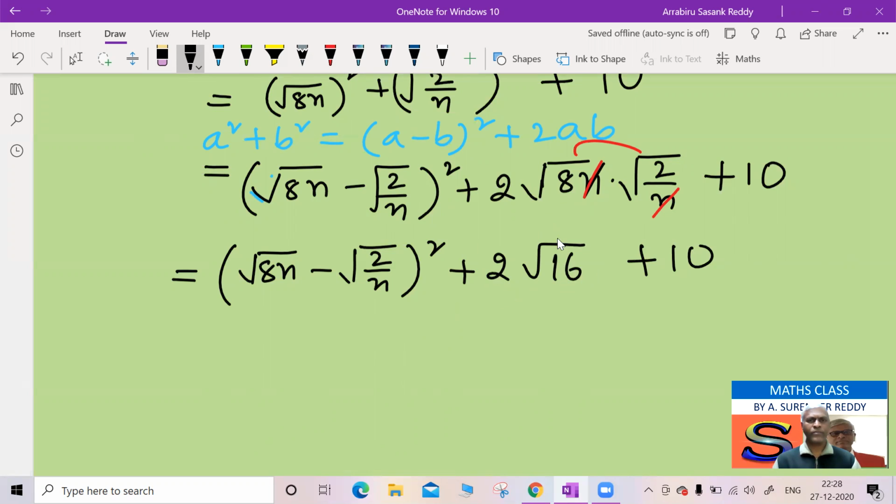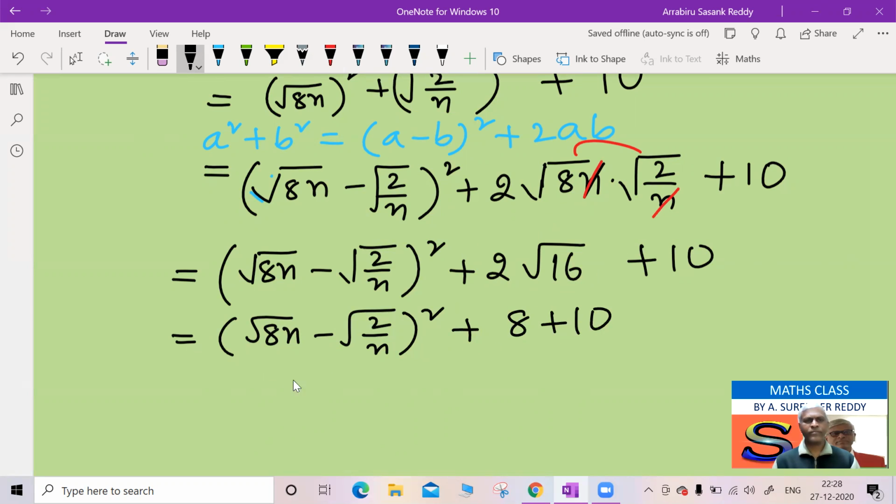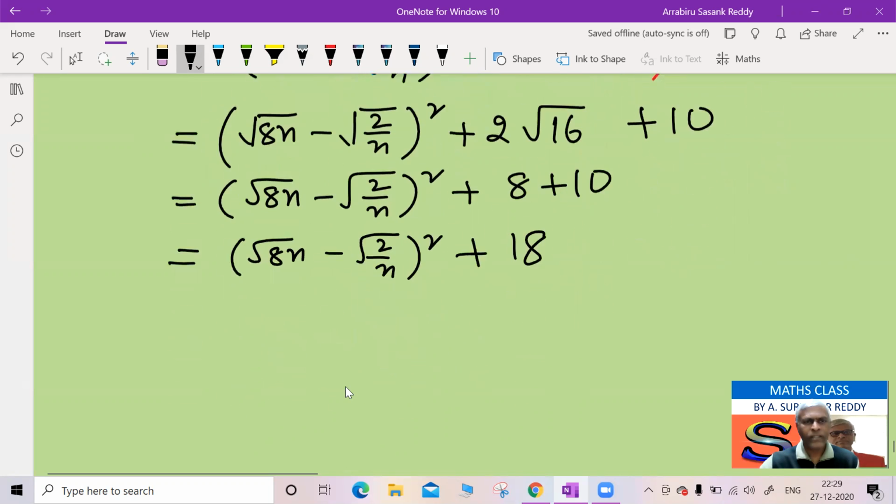Root 16 is 4. So 4 into 2 is 8, plus 10 gives 18.